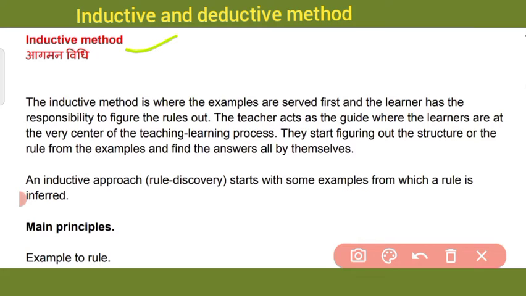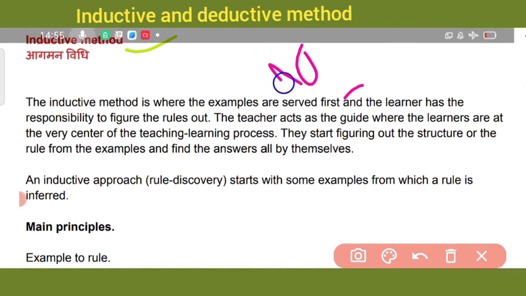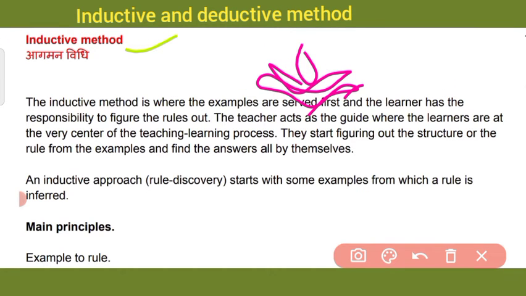Suppose the teacher is teaching science to students and wants to tell them the parts of a flower. Before explaining it, the teacher first shows a flower in front of the students, and after that explains each part of that flower.